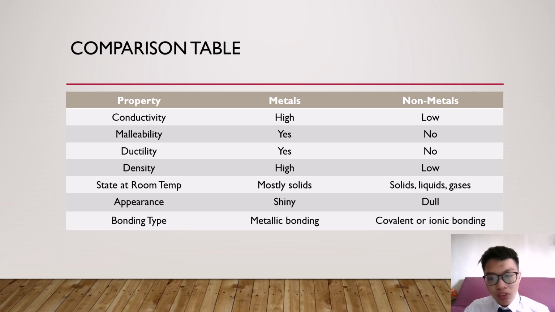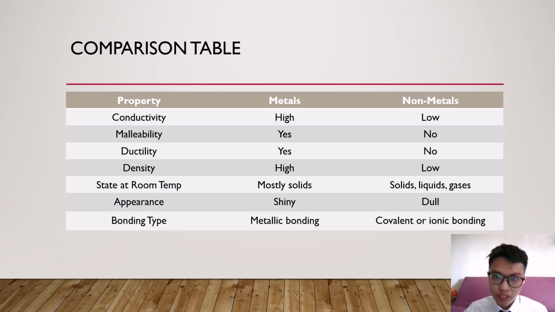And this is a comparison table of metals and non-metals. You can see that the conductivity of metals is higher than that of non-metals. Malleability is also stronger in metals than in non-metals. Ductility is also better in metals than in non-metals.